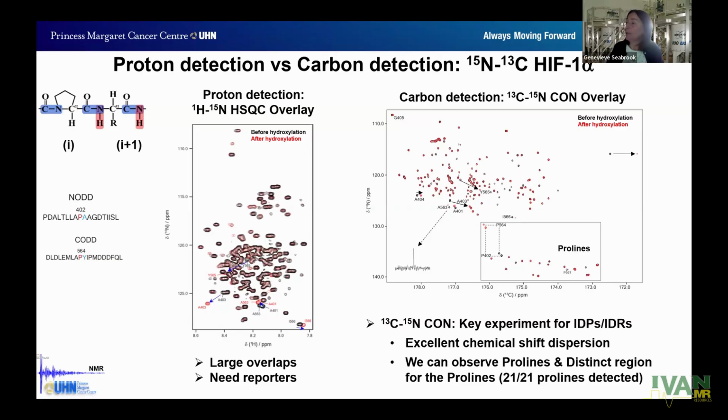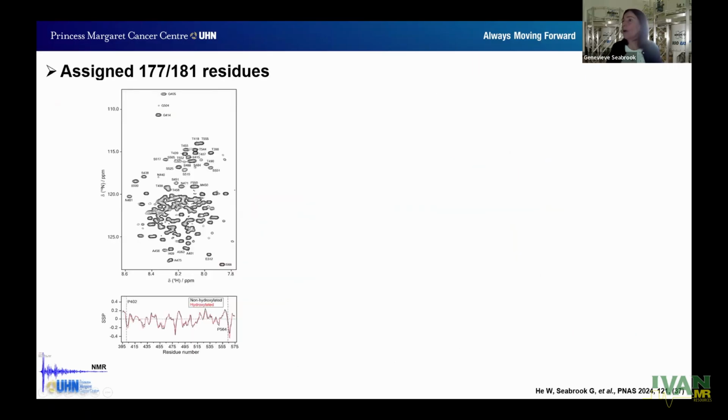So I'm going to show the kinetics, and basically I will show the zoom of this region here. We will follow the position of those two prolines when they're not hydroxylated and when they're getting hydroxylated. And that's what I'm going to show.